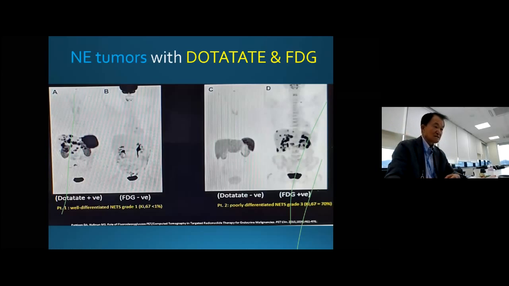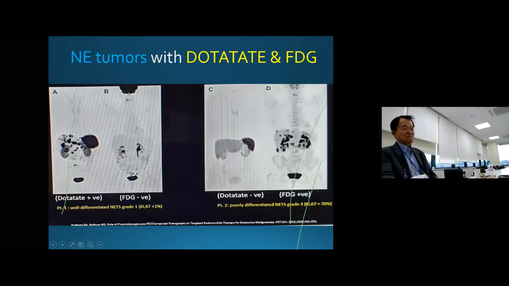Okay, here are the examples. This DOTATATE somatostatin imaging shows lots of lesions in the liver, but nothing much here on FDG. That means this tumor is well differentiated, and the proliferation index is less than 1%. The other way, you can see FDG lots.